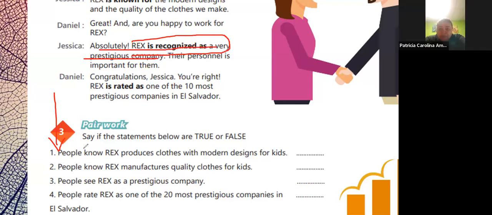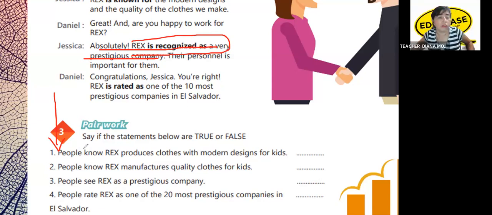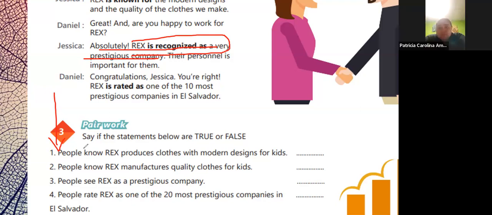The people. We don't know. Who recognized? We don't mention it there. People is not mentioned there. So that's the point: we don't care who recognizes, we don't care who does the action. The point is that the company is recognized.